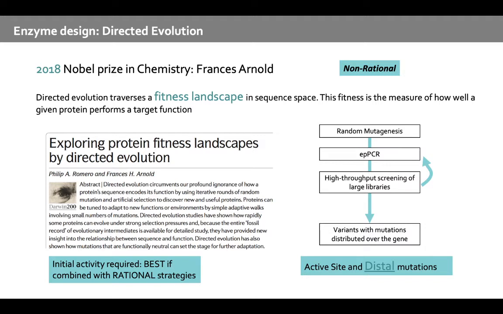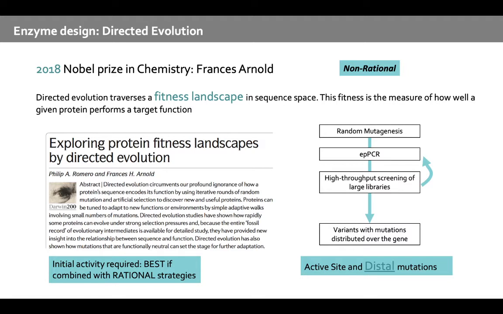And of course, it's a kind of expensive technique. It requires the generation of multiple variants and also the screening of multiple variants. It was nice that two weeks ago, Mikel already talked about the different screening methods used in this strategy. One of the bad points about directed evolution is that the process is better if you have some initial activity. So you should have an enzyme that has some initial activity, although it doesn't matter if it's very minor.